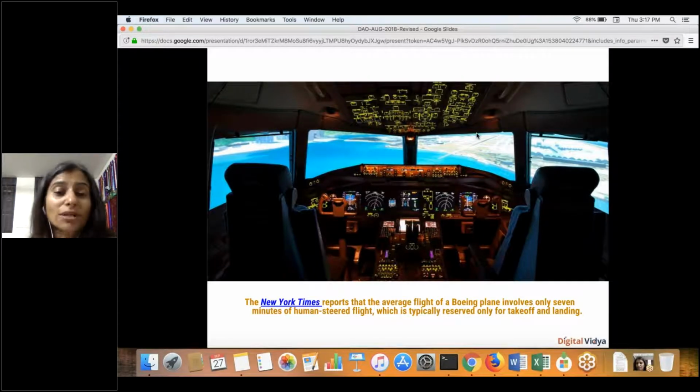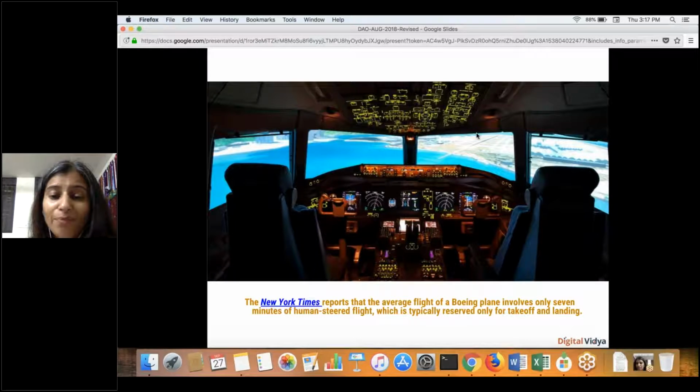And while a lot of work is happening now, especially in the manufacturing industry and car industries, you would have seen a whole lot of high-end cars have enough information being controlled via their suppliers and manufacturers. Now, one of the oldest industries in this would probably be the aircraft industry, to an extent where the claim is that an average flight of a Boeing plane involves only 7 minutes of human-steered flight.